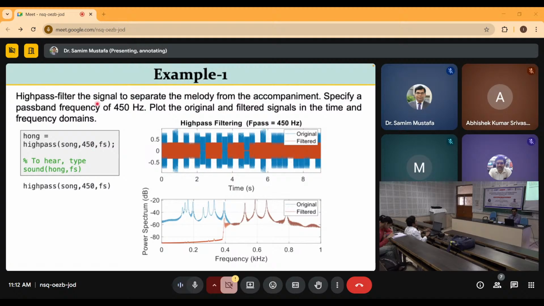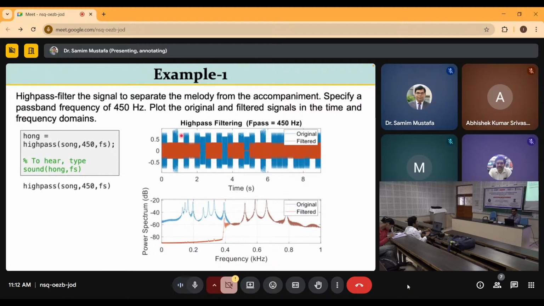High pass filter the signal to separate the melody from the accompaniment, means there is not only melody, there is another sub melody also. So you want to remove the other melody from the main melody. Okay, then specify a passband frequency of 450 Hz. Plot the original and filtered signal in the time and frequency domain.